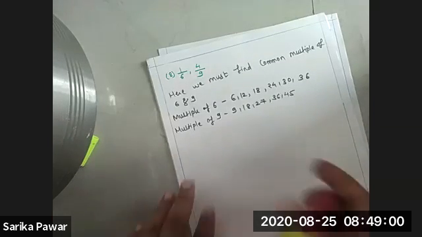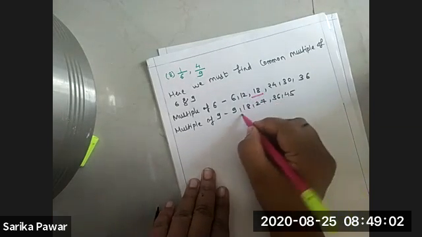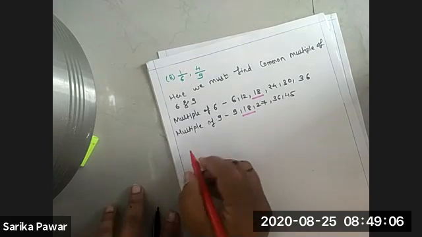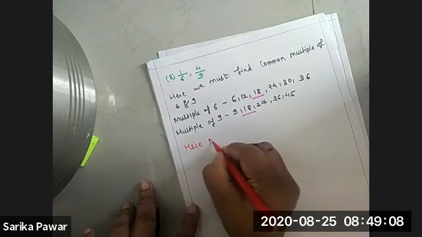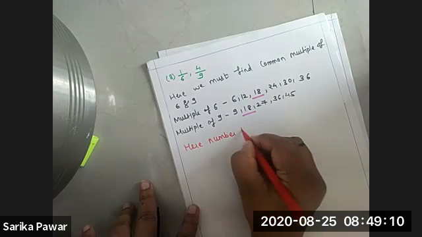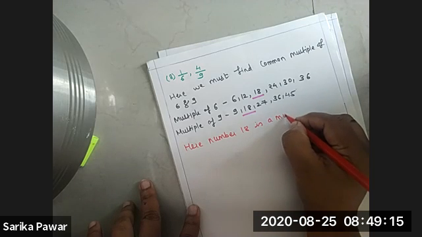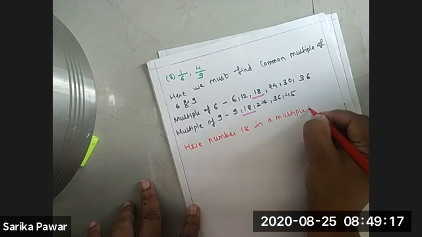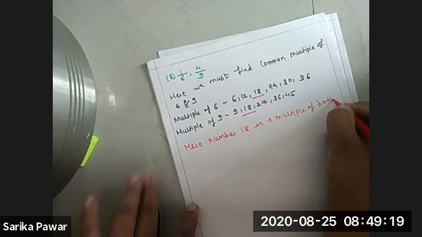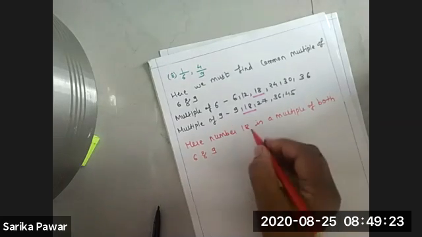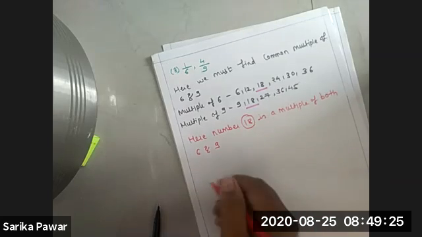So which number is common here in both the tables? Number 18. Right? So here number 18 is a common multiple of both, that is 6 and 9. Number 18, keep in mind.